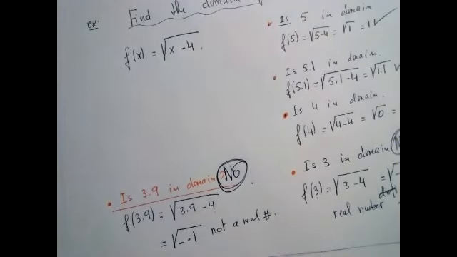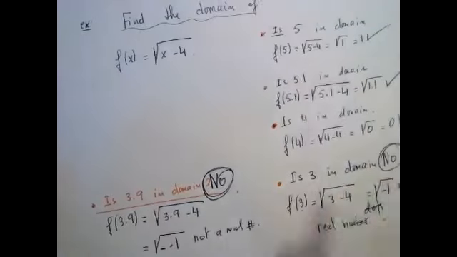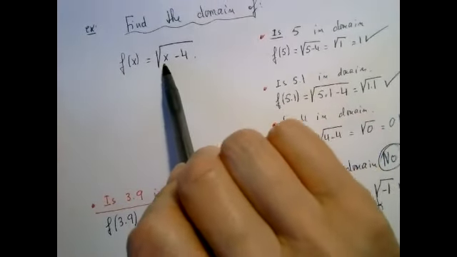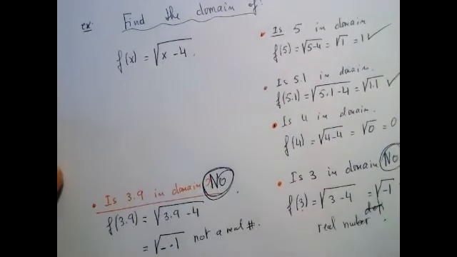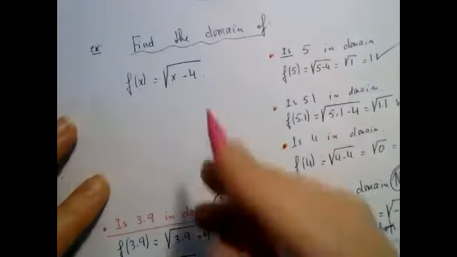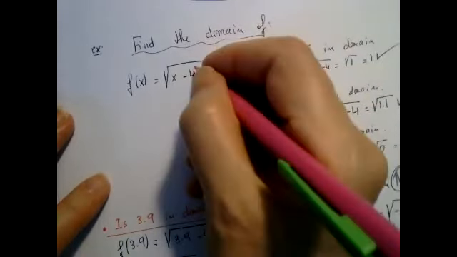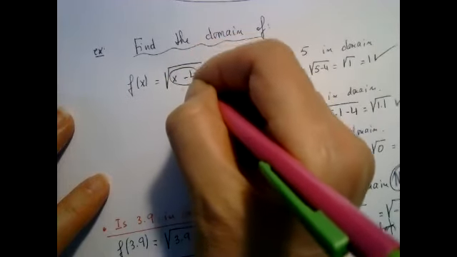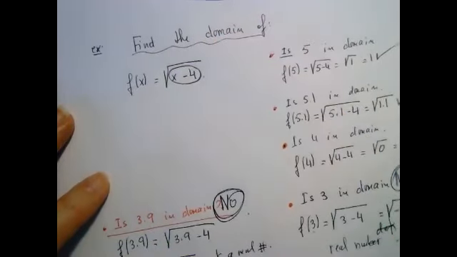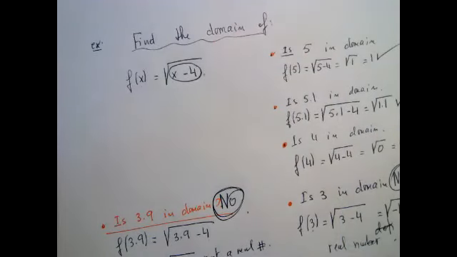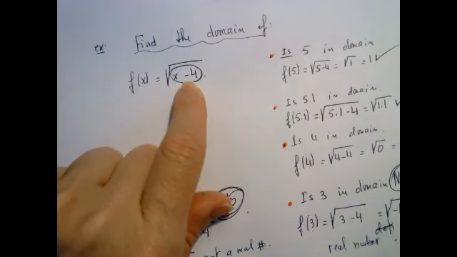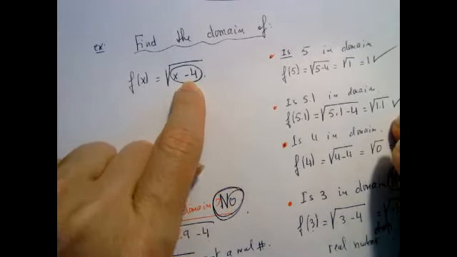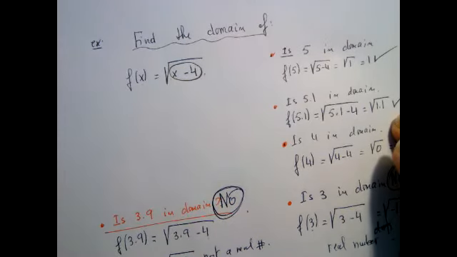Now let us see what the domain is going to be. What's the domain of this function? It means which x's I can put in here so that f of x is a number. The x's I can put in are all the x's that make the term under the square root positive. So the x's that make x minus 4 positive will be allowed, and those that make it negative will not be allowed.